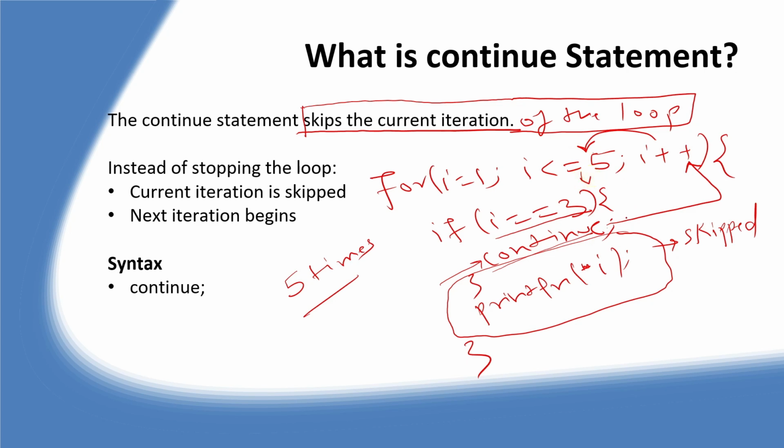So for that particular iteration, it will skip the code execution, that is these lines of code. Here it is written, instead of stopping the loop, the current iteration is skipped. The next iteration begins.